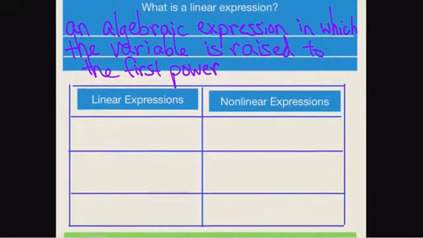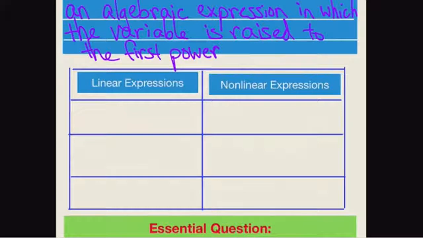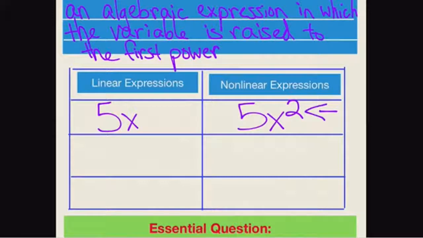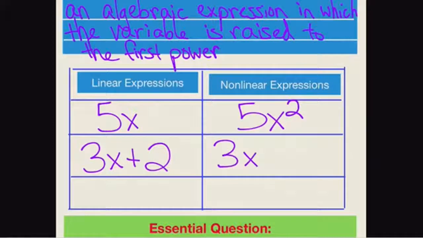So let's just review some examples of linear expressions and nonlinear expressions. A linear expression could be 5x, whereas a nonlinear expression would be 5x squared. Notice that it's now raised to a power other than 1. Another linear expression might be 3x plus 2, whereas a nonlinear expression would be 3x squared plus 2.